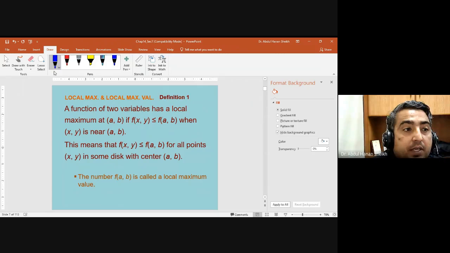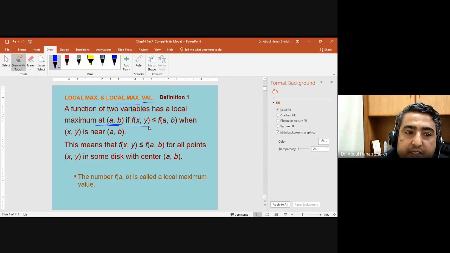Now the formal mathematical definition of local maximum and local maximum value. First, local maximum. Local maximum points are the values of independent variables for which the function attains its greatest value in a certain domain. So a function of two variables formally has a local maximum at this point a comma b, the values of x and y, if f of x comma y is less than this value.